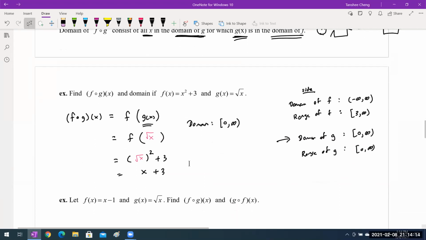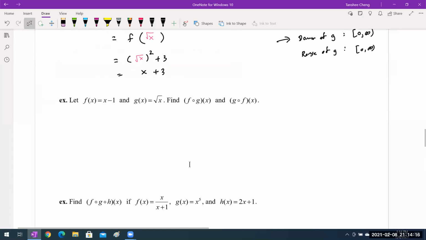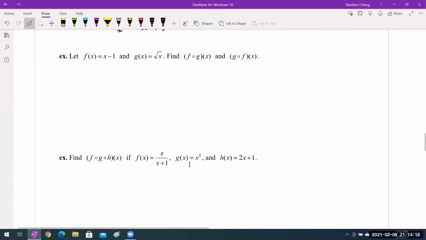Continue from here, and we want to find out f composed of g, g composed of f. So the first part, f composed of g of x. I recommend writing it down step by step. So this will be f of x where the input is g of x.